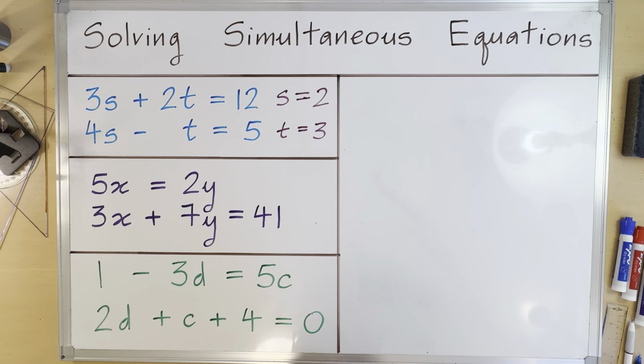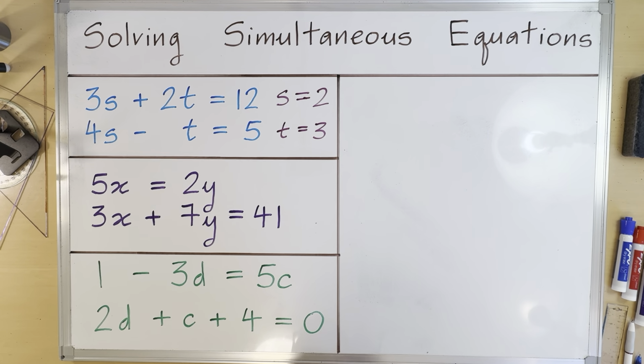So now 7 times 5x gives us 35x. Minus 2, so negative 2y times positive 7 gives us negative 14y. And 0 multiplied by anything still results in 0.